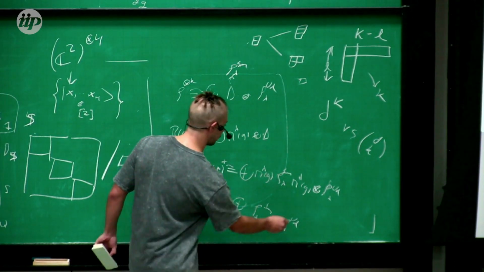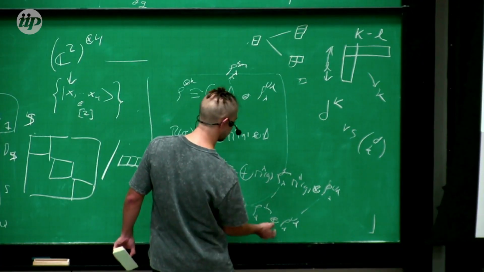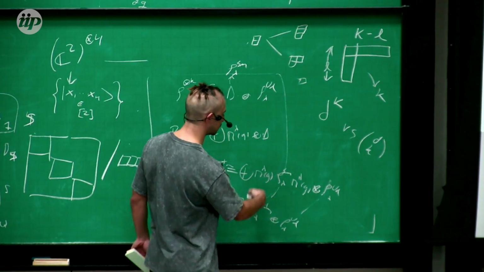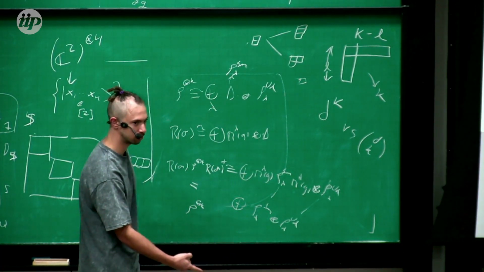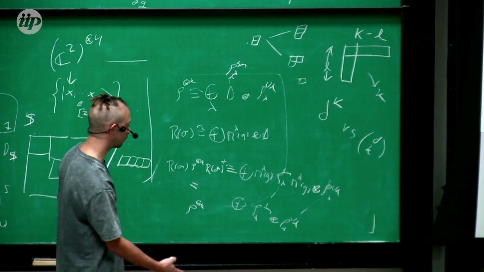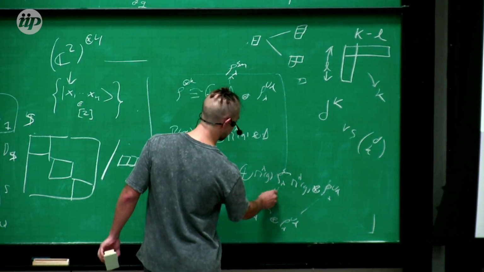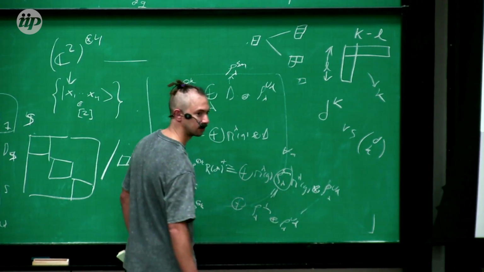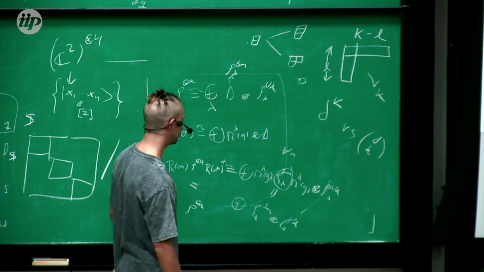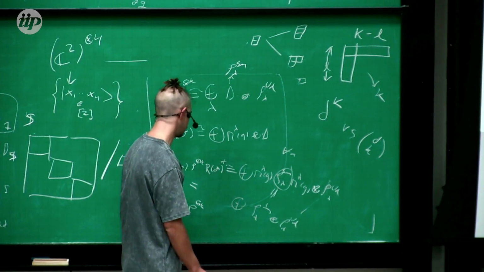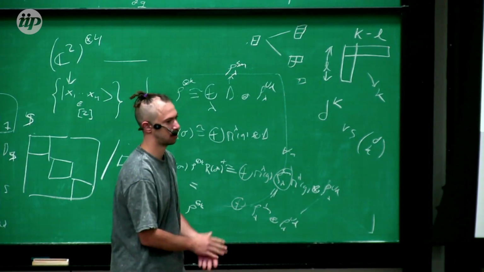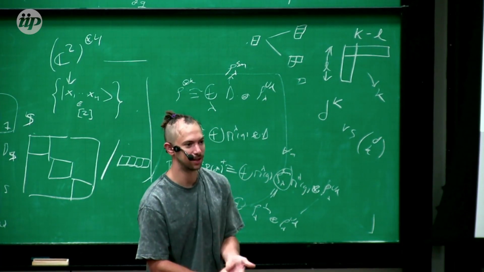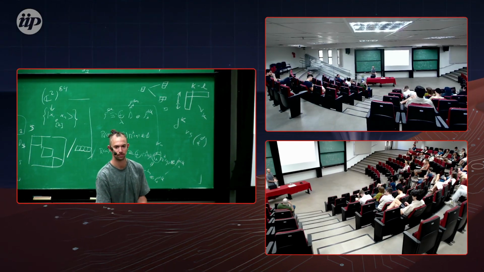Now you compare. This has to happen for all G also. So the only chance that these two things are the same for all G is that this thing is identity. I guess that's kind of an explanation. Great. Other questions?